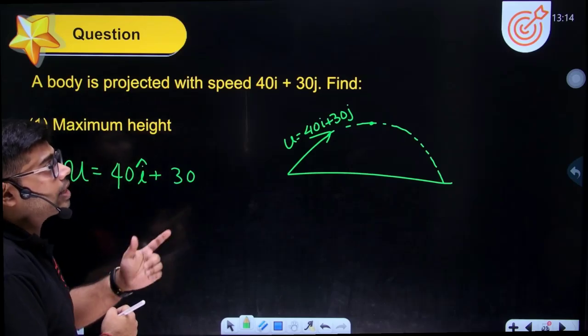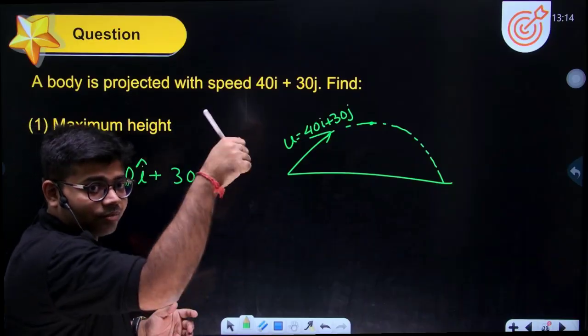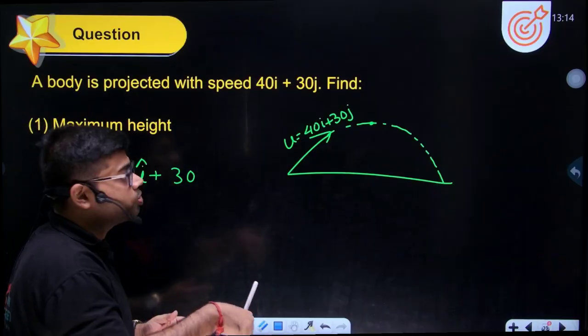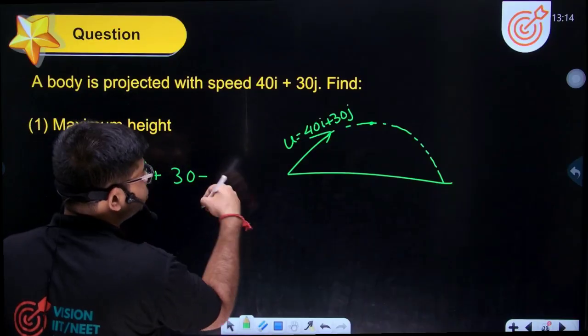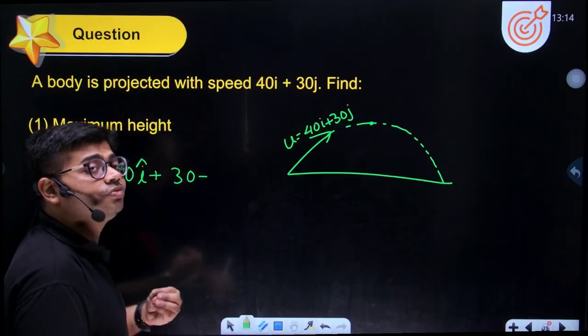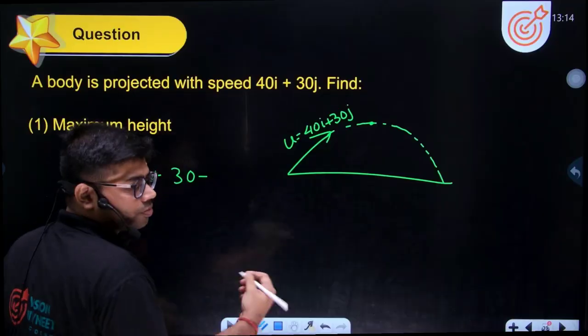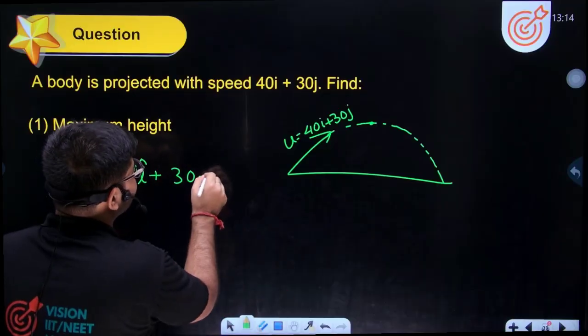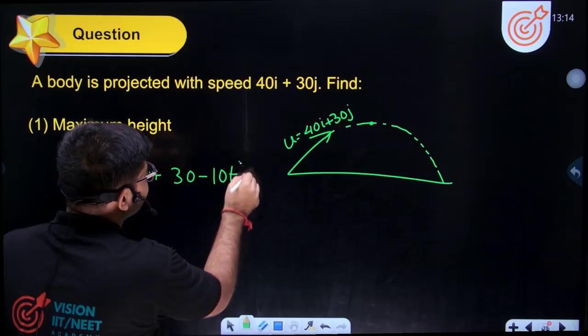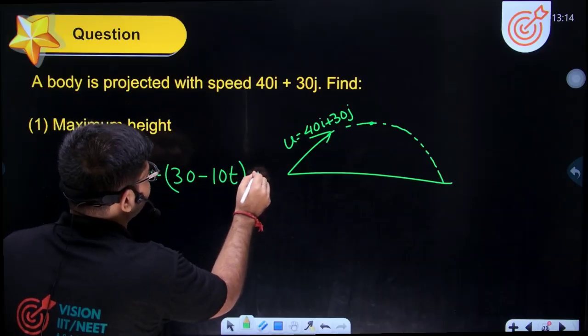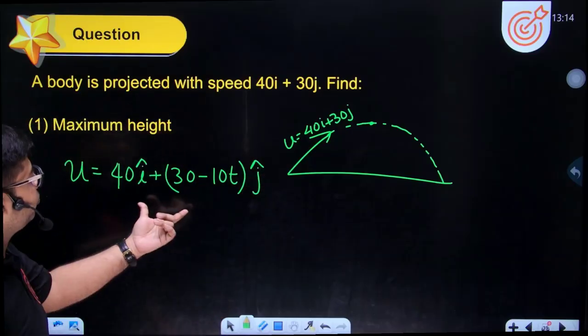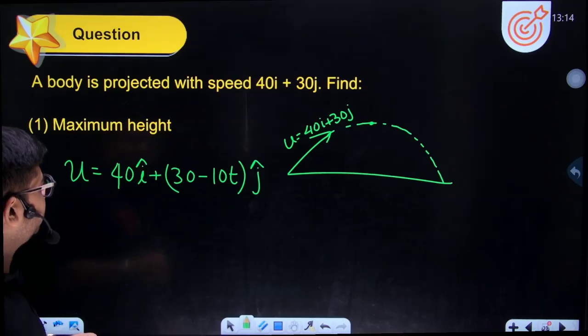So the x part is 40i cap, and u is 30j, but acceleration due to gravity is in the opposite direction, so I can write 30 minus gt. I am taking g as 10 for the sake of simplicity. So 30 minus 10t into j cap. This is the velocity, right?